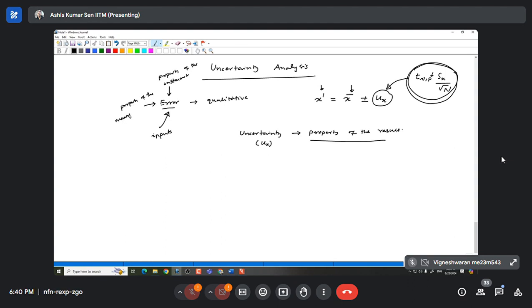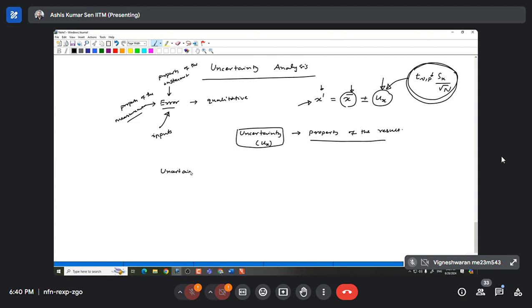That means how it is influenced, what all things are affecting the measurement. But if you want to quantify, you have to talk about uncertainty. Okay, so uncertainty actually puts a number on how accurate your data is. So this is coming from the measurement.